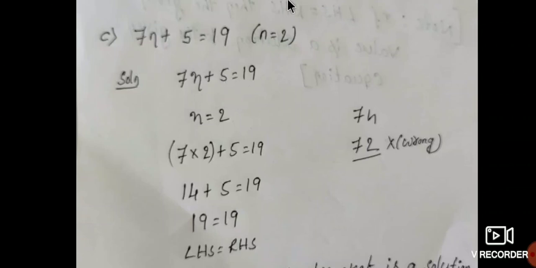So here, in the bracket, they have given the value of n, that is n is equal to 2. That means we have to substitute n is equal to 2 in the given equation. So I will substitute like this, 7 into 2, because they have given 7n.